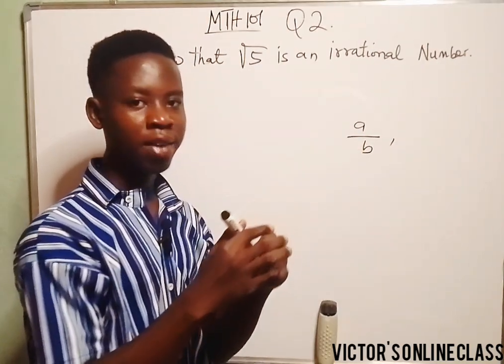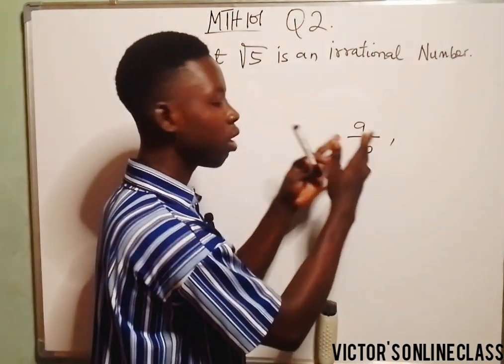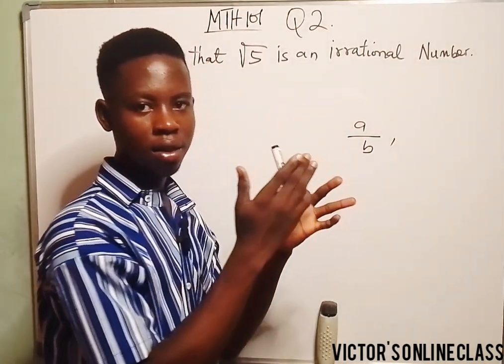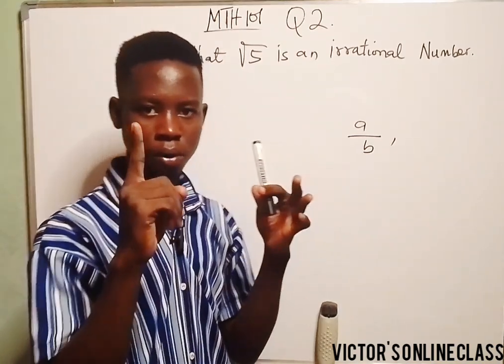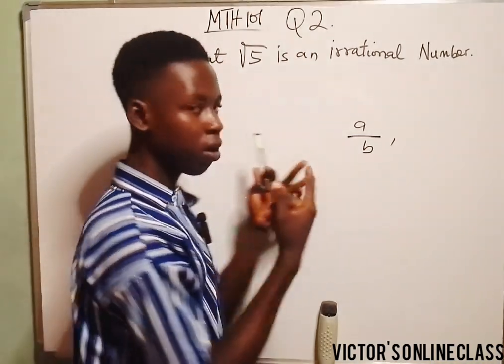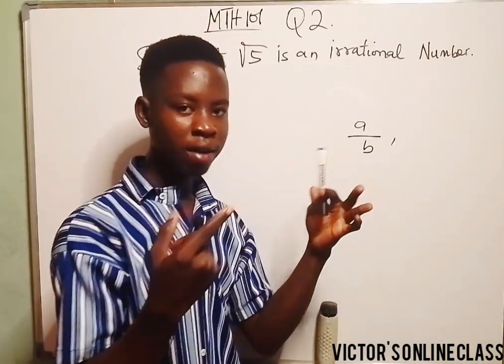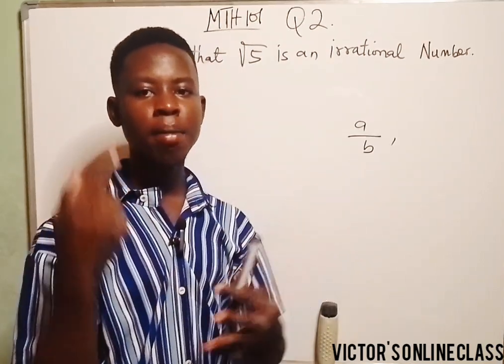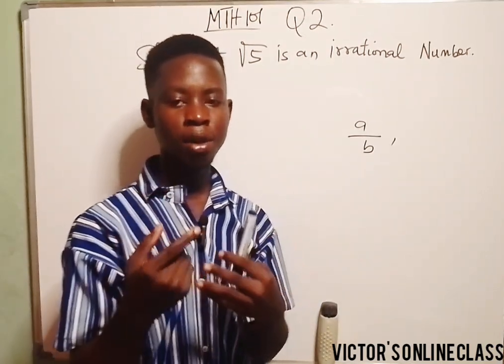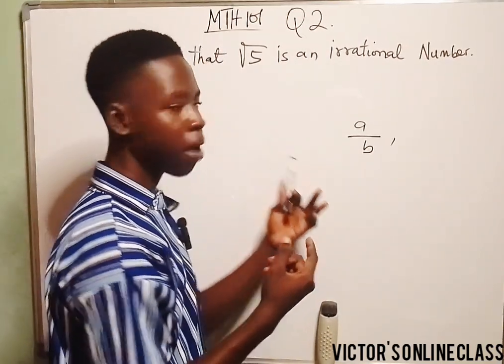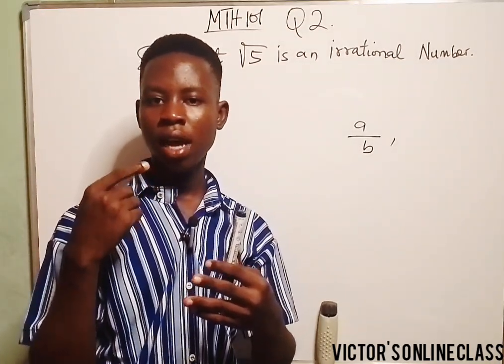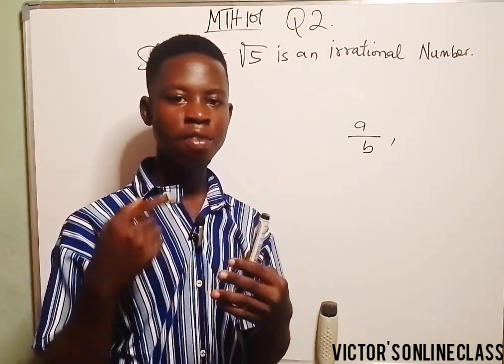That is, it cannot be expressed as a ratio of two integers. We also know that rational numbers are terminating or have repeating blocks, while irrational numbers are not terminating and don't have repeating blocks.